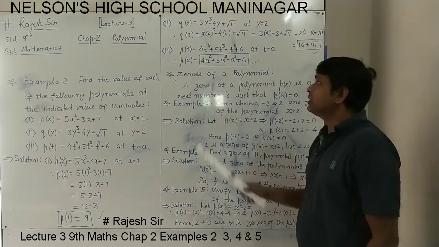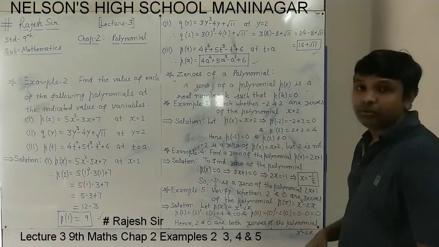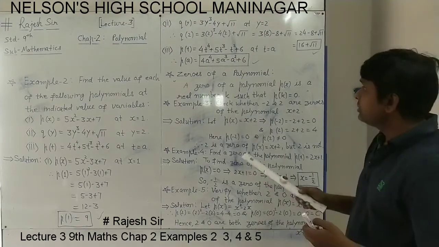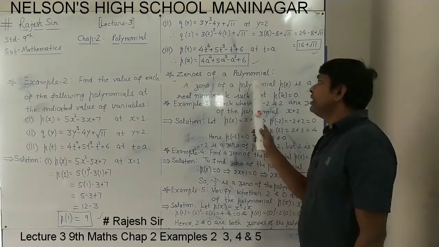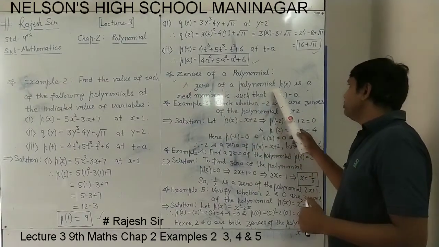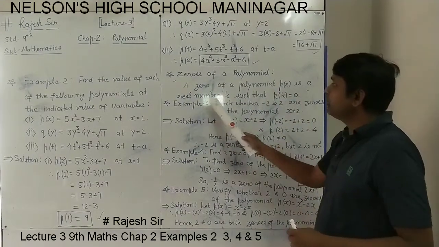Now we have the concept of the zero of a polynomial. What is called a zero of a polynomial and how to find it, we will see here. First we define what a zero of a polynomial is. A zero of a polynomial p(x) is a real number k.